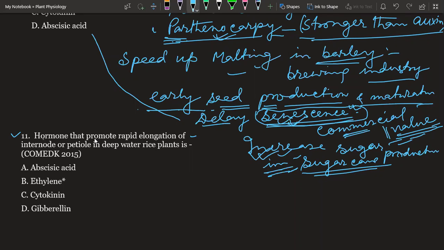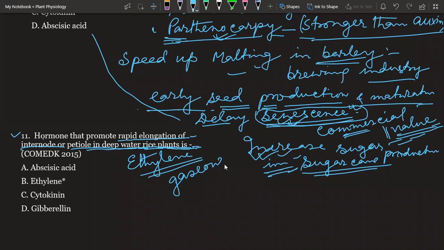The hormone that promotes rapid elongation of internode or petiole in deep water rice plants. Actually, plants growing in water sometimes produce a gaseous substance, that is ethylene. Ethylene is a gaseous hormone.